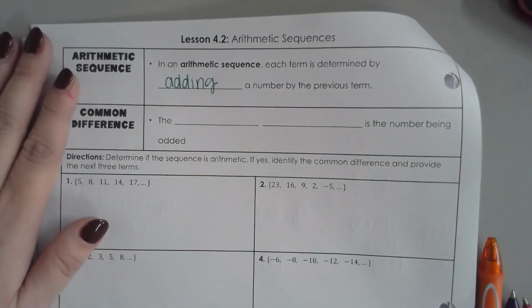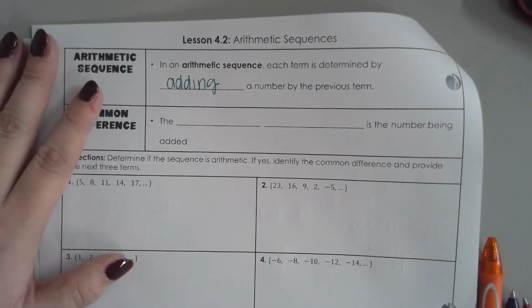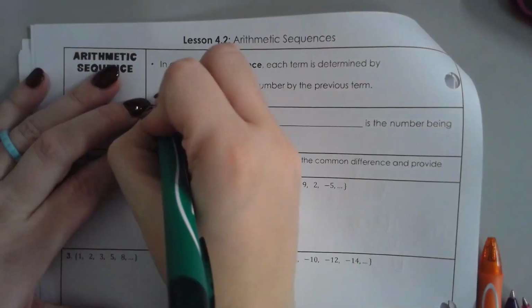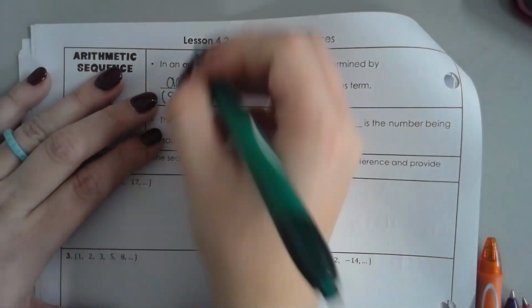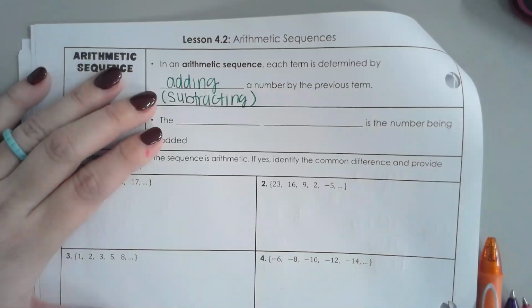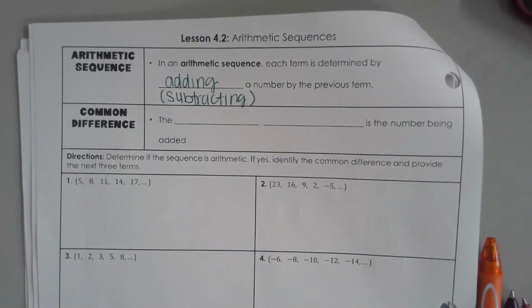So it's when you add every time, and you have to add the same number. Technically, we could also say subtracting. Adding or subtracting. Like this would be arithmetic because I added 2 every time.